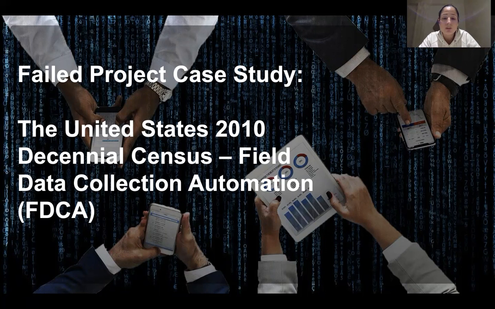In 2001, the USA Census Bureau decided to initiate a project that would modernize how they collect the data for the 2010 census. Instead of using paper forms, they would build software to collect the survey data.